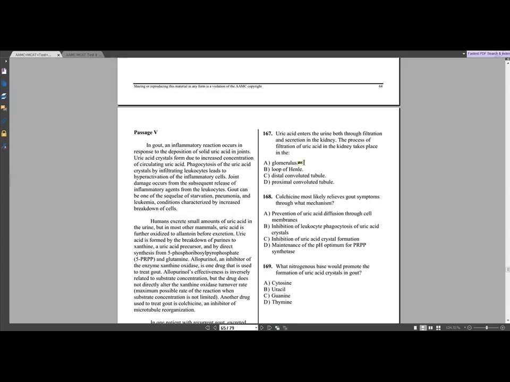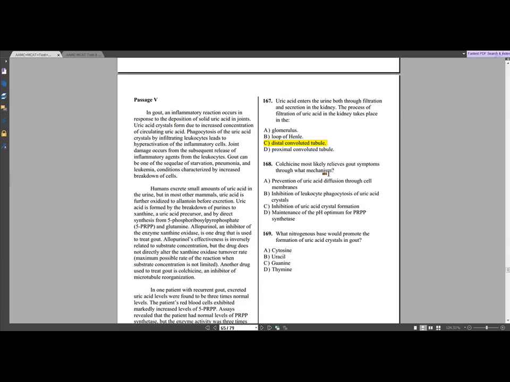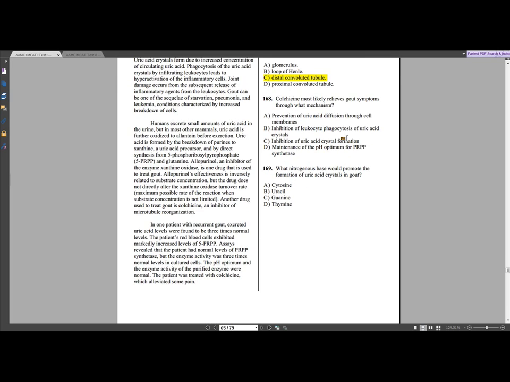Uric acid is big. So I guess I'll say distal. No, wait. Yeah, okay, say distal. I sort of remember that distal filters out the big stuff like glucose and stuff. So the uric acid is kind of big.